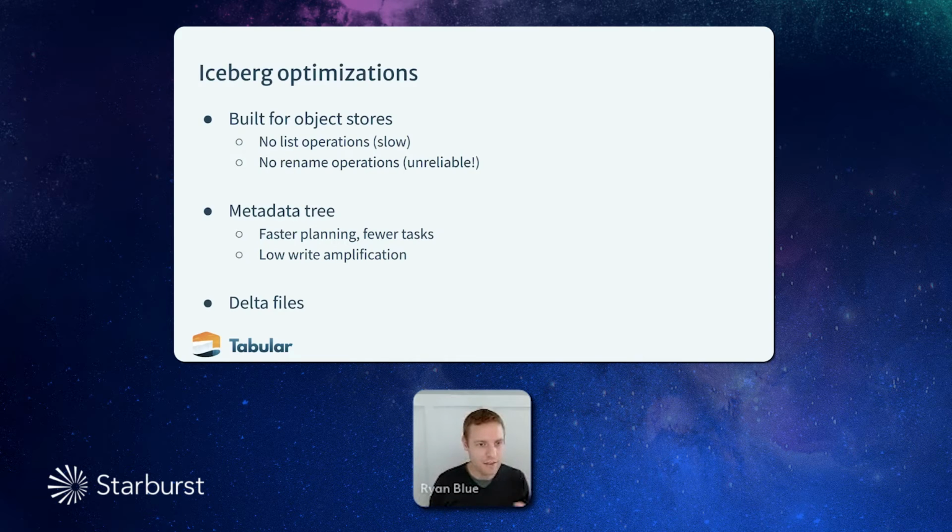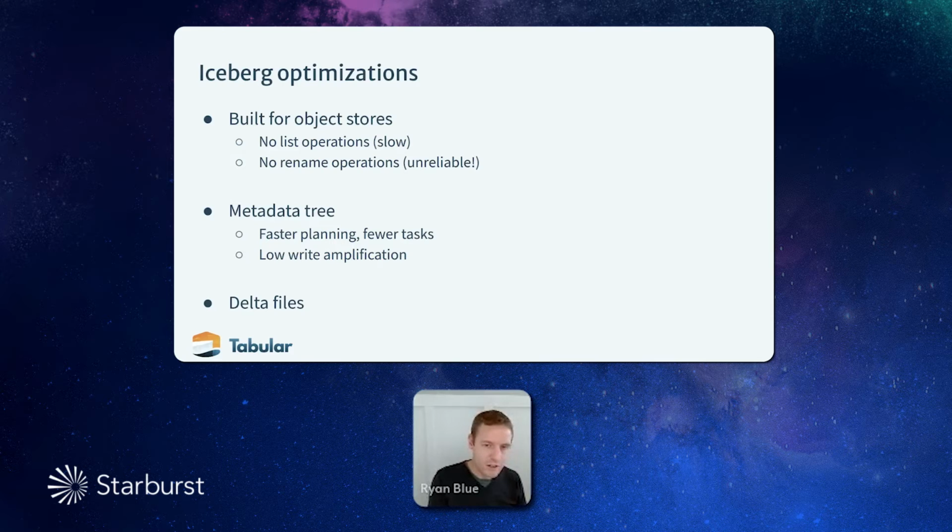The other thing that I think we're going to talk most about today is Iceberg's metadata tree. And this is sort of the details of how Iceberg is built for object stores. The metadata tree gives us a few really nice properties: faster planning, fewer tasks, and that really comes from we don't have to list anything. We have a small set of files that we can just scan through. That's the faster planning part.